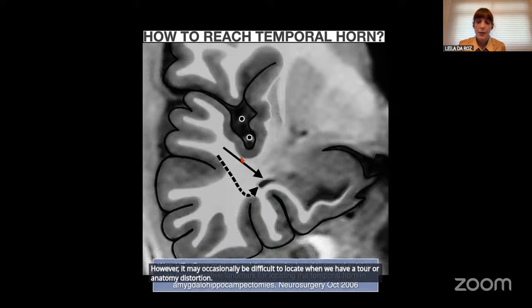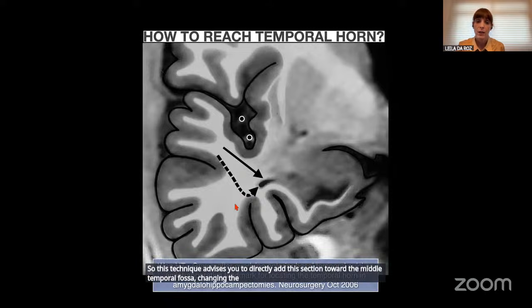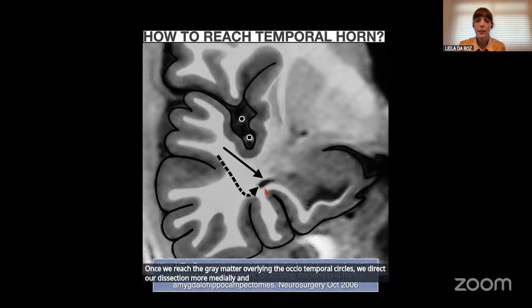So this technique advises you to direct our dissection toward the medial temporal fossa, changing the dissection angle intentionally and taking a slightly uncorrected trajectory. Once we reach the gray matter overlying the occipitotemporal sulcus, we direct our dissection more medially and more superficially.